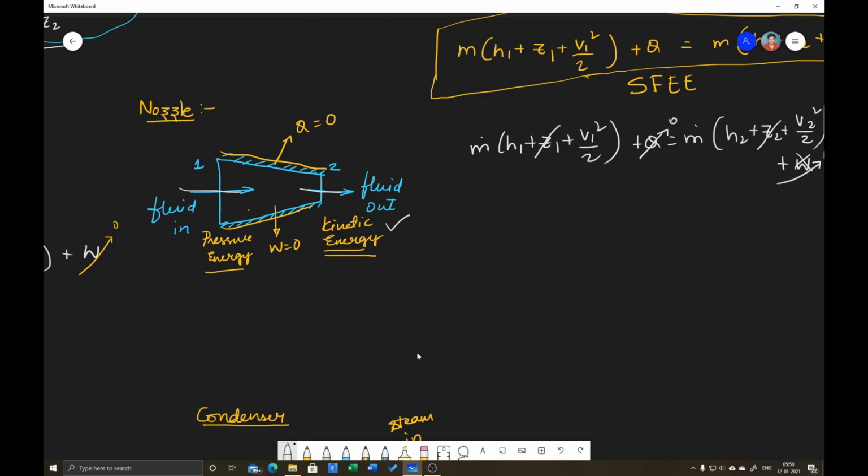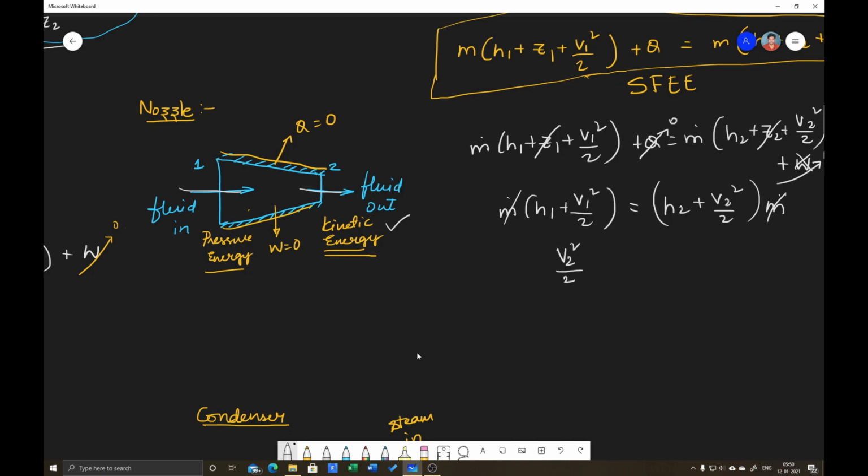Kinetic energy is important here because the purpose is to convert into kinetic energy. So m dot into h1 plus v1 square by 2 is equal to h2 plus v2 square by 2 into m dot. There is no q, no w, so m dot also cancels out.